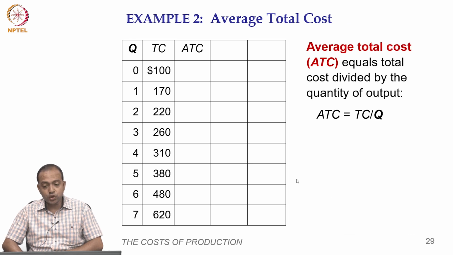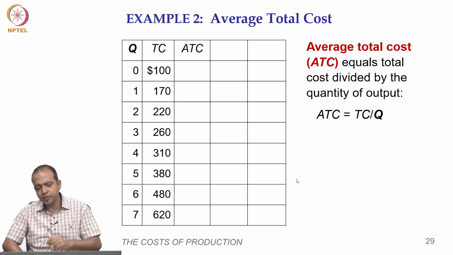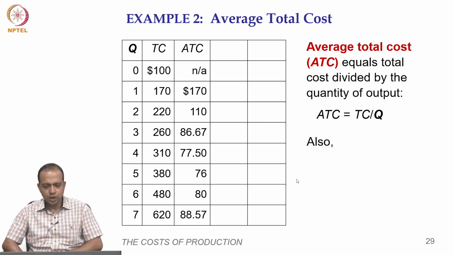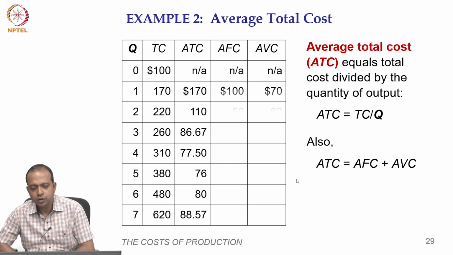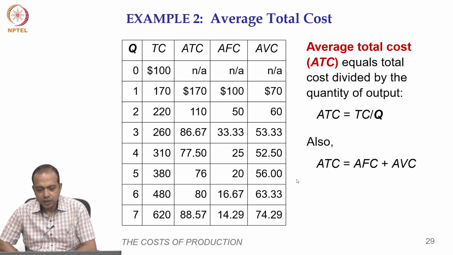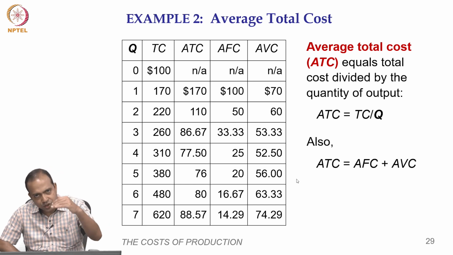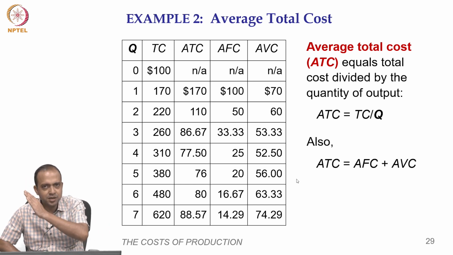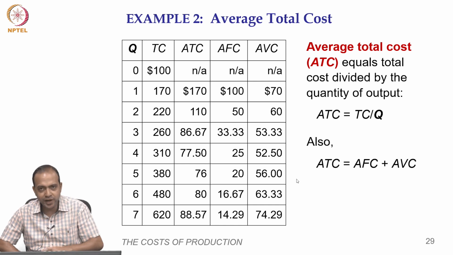Now, what is average total cost? That means total cost divided by output, which is the summation of AFC and AVC. AFC will keep on falling, AVC will fall and then increase. So what will happen to the ATC?